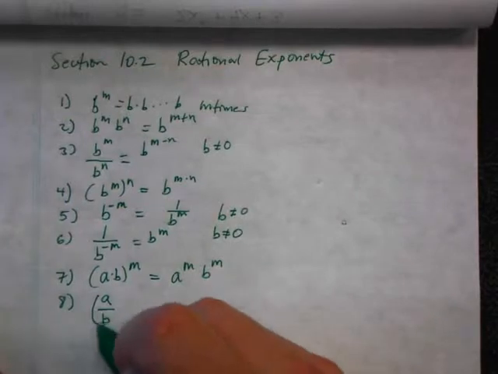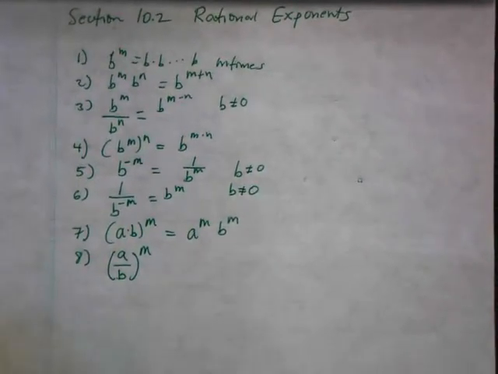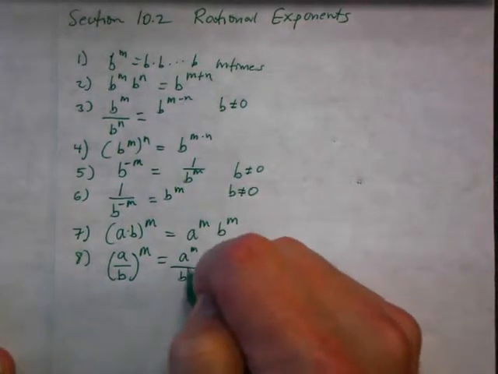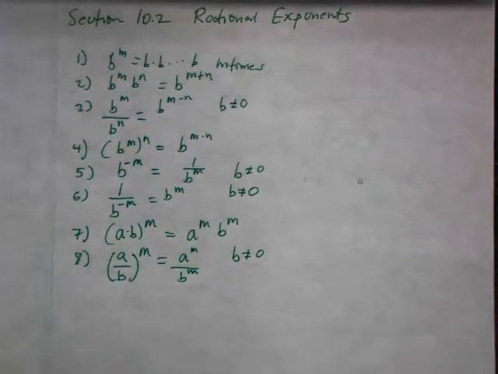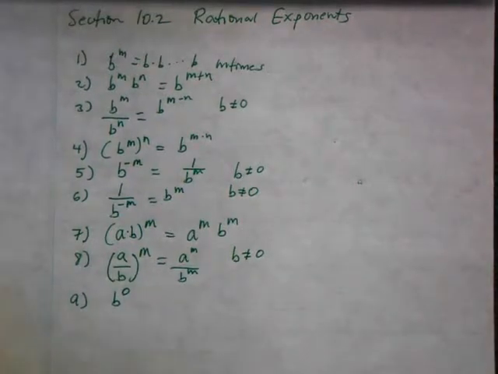If I have a fraction with a parenthesis on it and an exponent like so, the top gets the exponent, the bottom gets the exponent. Again, b can't be 0. Can't divide by 0. And then I think there was one more rule that I forgot to mention the other day. And I think the last rule was, what if you have something to the 0 power?